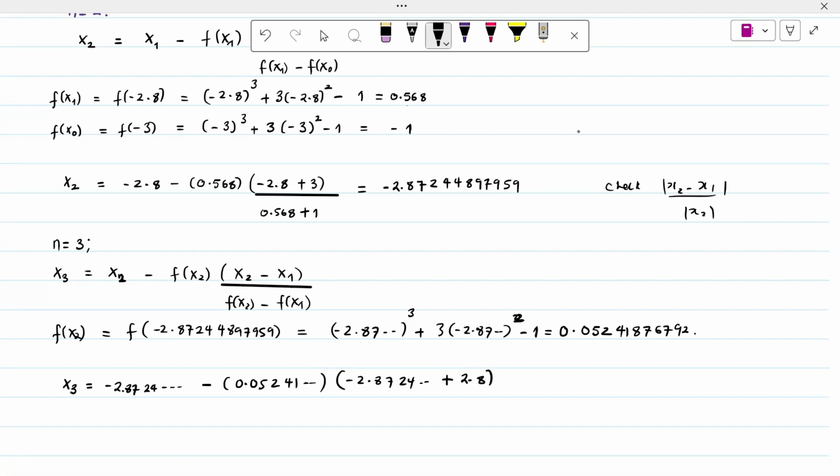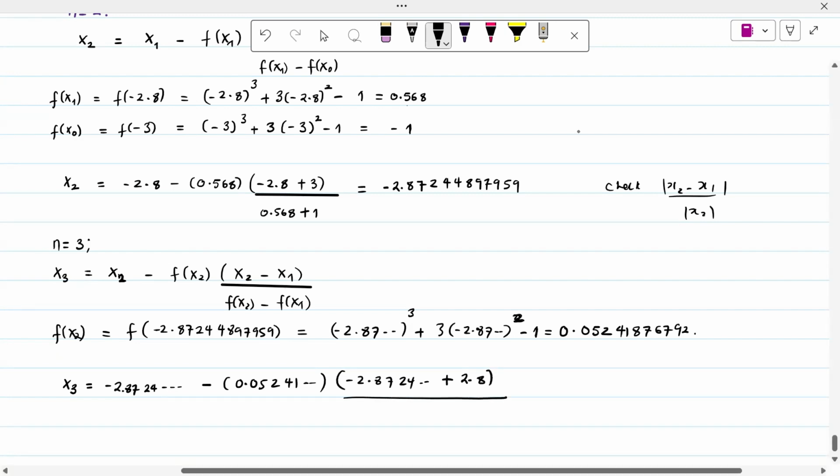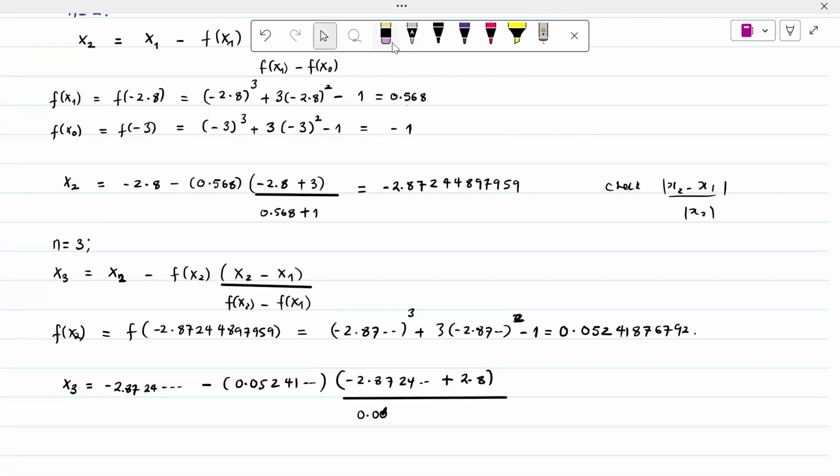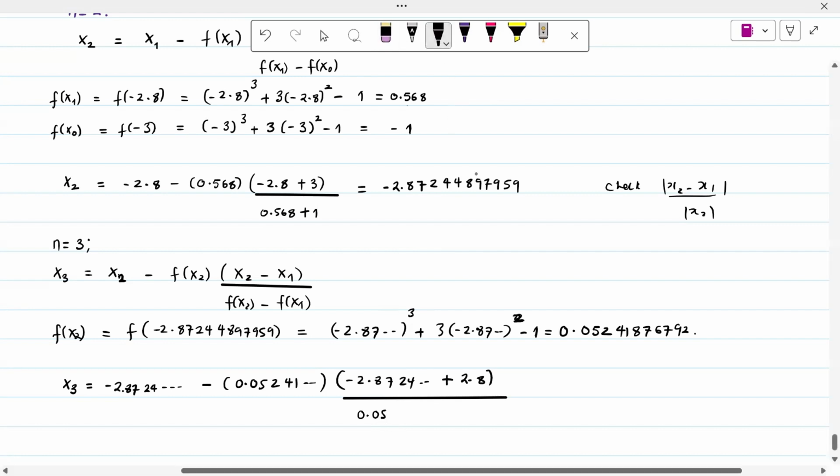So 2.8, and then divided by f of x2, which is this value here, 0.052, 41, whatever there. Minus f of x1. What was f of x1? Which is 0.568.